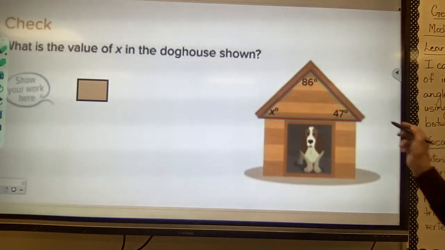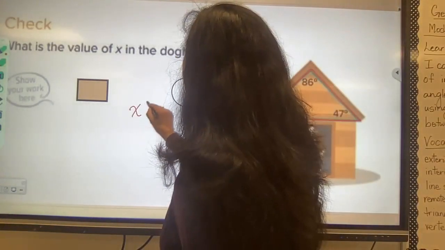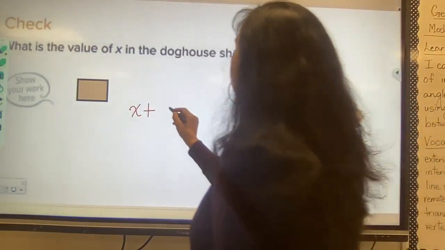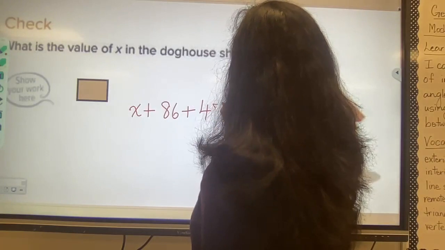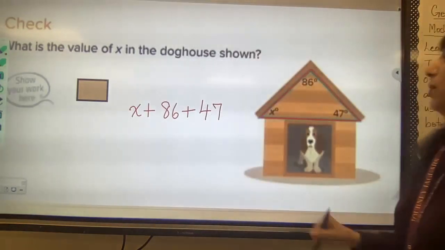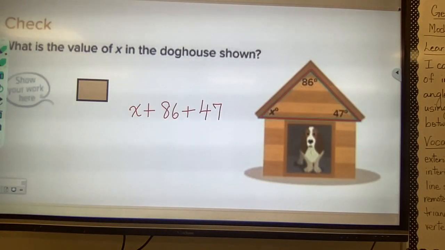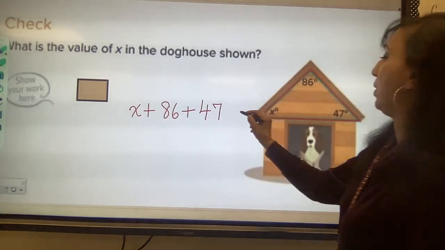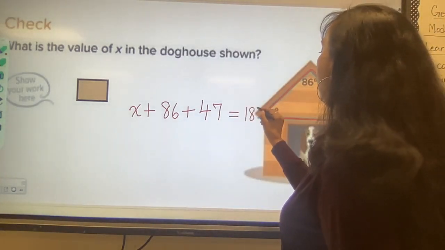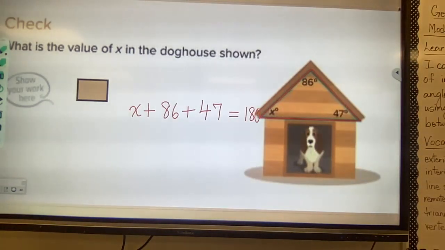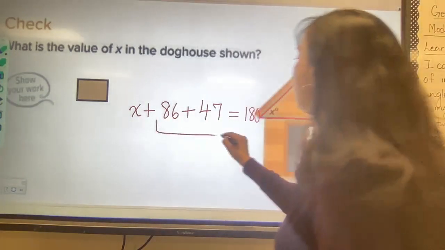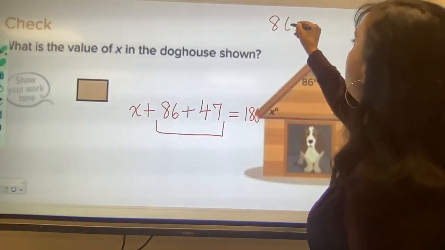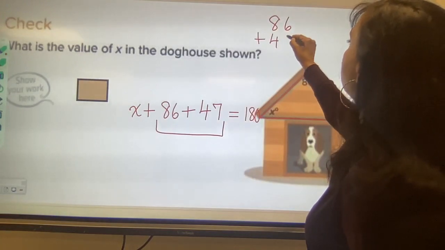So let's look at this. This is x plus 86 plus 47. We know that when I combine these three, I am going to end up with 180 degrees. So first I am going to combine the like terms over here. So that means 86 plus 47.